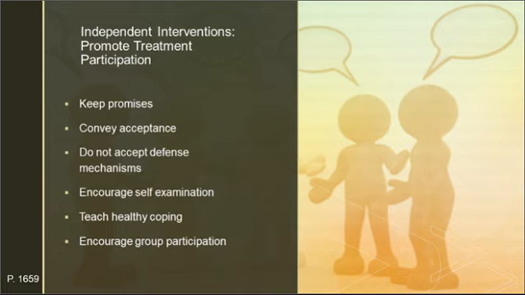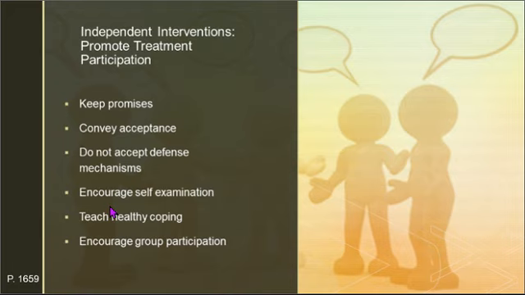Independent interventions to promote treatment participation. Do not accept defense mechanisms such as rationalization or projection. Keep your promises, convey acceptance. Encourage patients to examine how unhealthy coping mechanisms, maladaptive behaviors affect them and the people they care about.